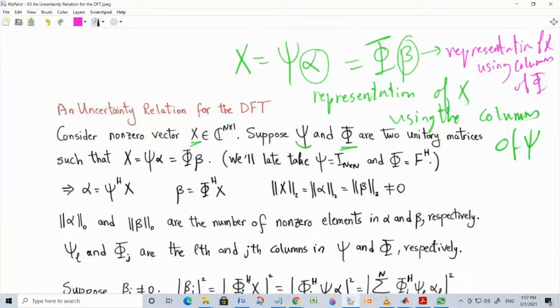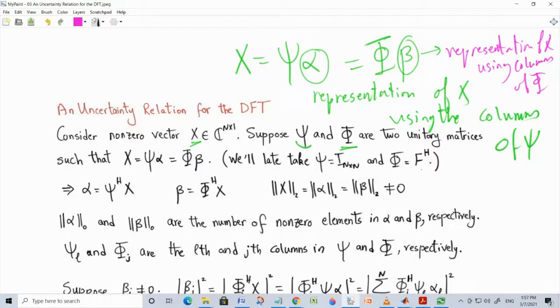So it may be the case that if x is some time domain signal, perhaps psi is identity. So if psi is identity, then alpha is x, which means that alpha is the representation of x in the time domain, but then you can take phi to be related to the Fourier transform.